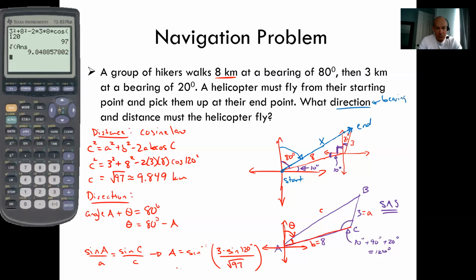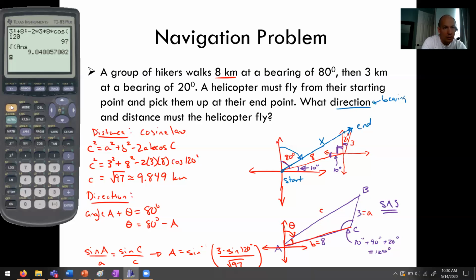So I'll do it all in one calculation: sine inverse, and then 3 times sine of 120, close it up, divide by the square root of 97. Now I'm just going to use the answer here because the last answer recorded was the square root of 97, so that's fine if I have it stored on my calculator.